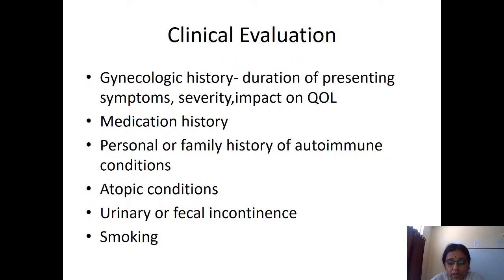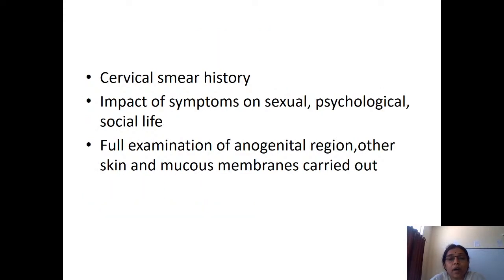And then the smoking history and cervical smear history, particularly if the woman is of reproductive age group and the postmenopausal woman. And then what effect or impact these symptoms have on either the sexual life or psychological and social life. And once the history is done, we need to thoroughly examine the patient.